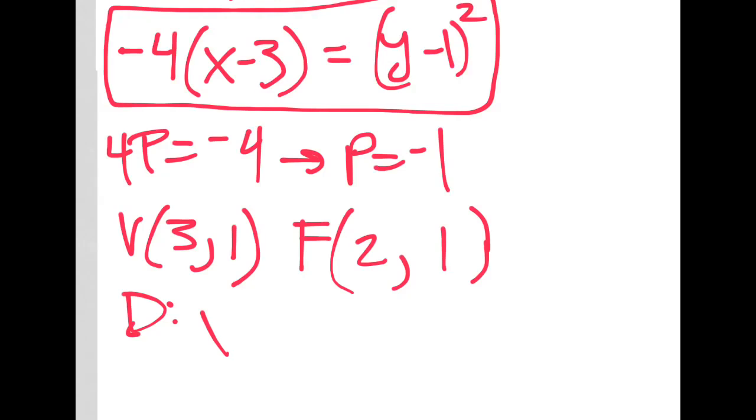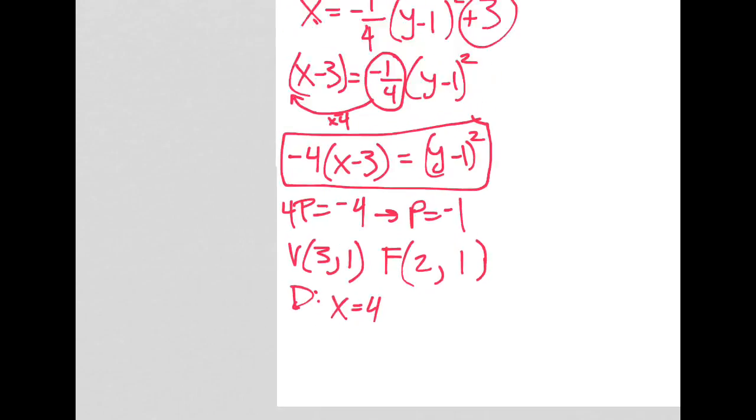You say x equals some number. Well, what number is it? Well, it's the number that is coming from the x value of our vertex, 3, but p away in the opposite direction of the focus. So instead of subtracting 1 like we did to get to our focus, we need to add 1 to get to 4, and so x equals 4 is the equation of our directrix.